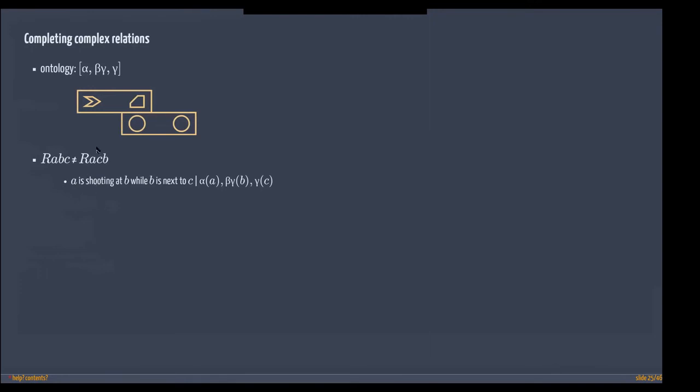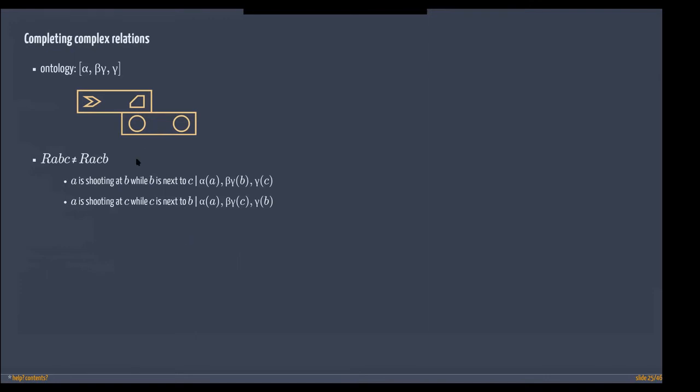If you look at the state of a murder going on, in this case A is shooting at B while B is next to C, it makes a difference if you're the person just standing next to B. It doesn't make a difference for the completion of next to which position you're in, but it makes a difference if you're also assigned to the being shot at position of this other relation. So it makes a difference if you're just assigned to a position or to a superposition.